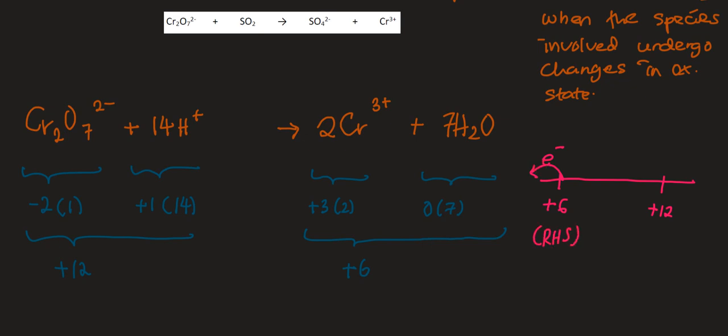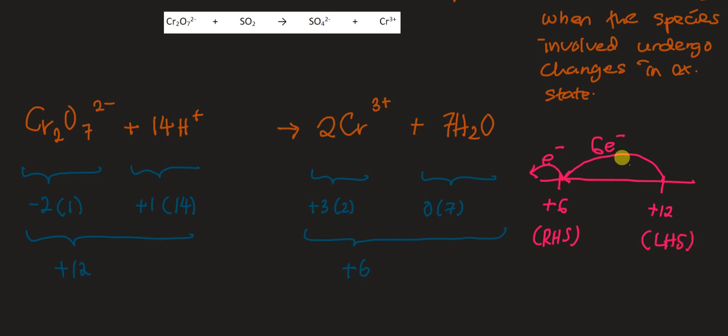If we add it on the left hand side, we can add electrons for it to move from +12 to +6, and the amount of electrons that needs to be added is the difference between +12 and +6, which is 6. So we can add 6 electrons. So we add it on the left hand side.